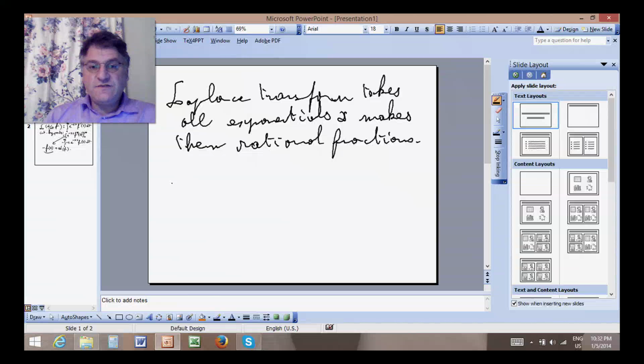Well, I'm going to take an exponential. f of t is equal to e to the alpha t.